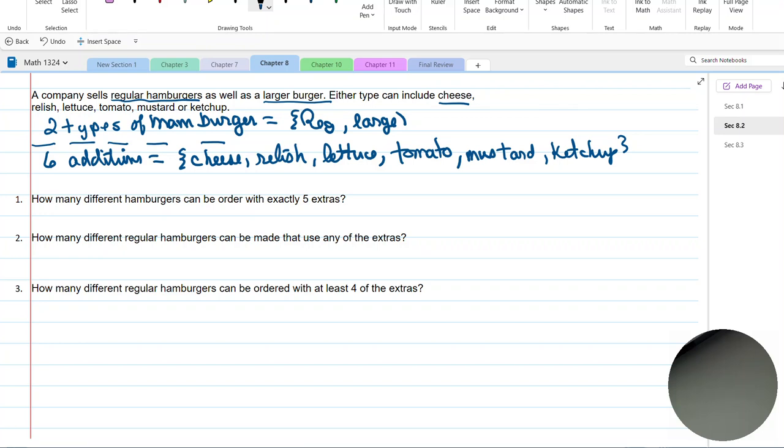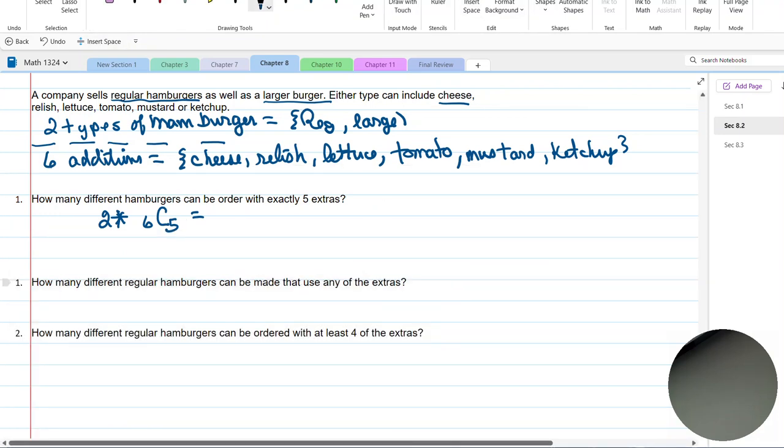Okay. So we have 2 types of hamburgers. It's 2 factorial. We're going to put 2 times, and we have from this part here, we have 6 choose, and we want 5. All right, so let's do that. I think we read it out. It didn't say a specific hamburger. They said hamburgers. So let's see what we're going to do here.